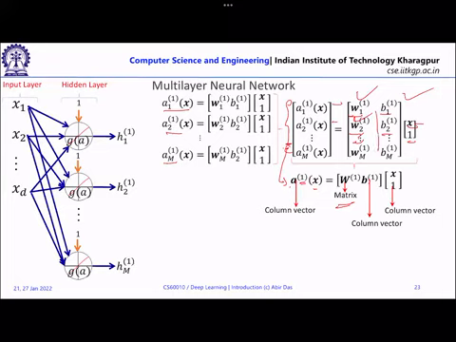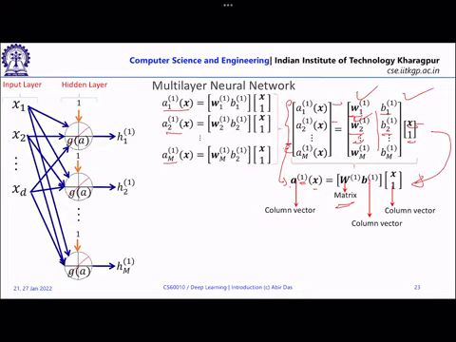I think this lecture is all about carefully noting the notations. So this is column vector, matrix, column vector, and vector. So A is WB X1.